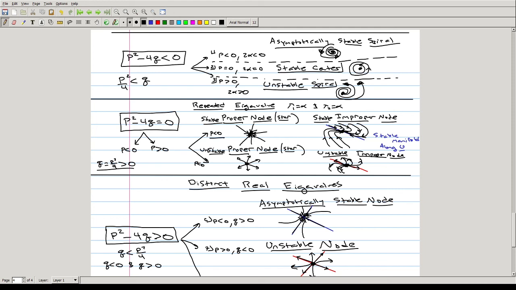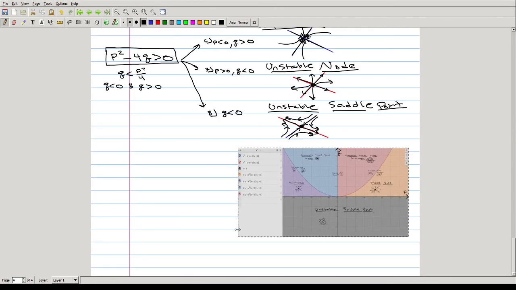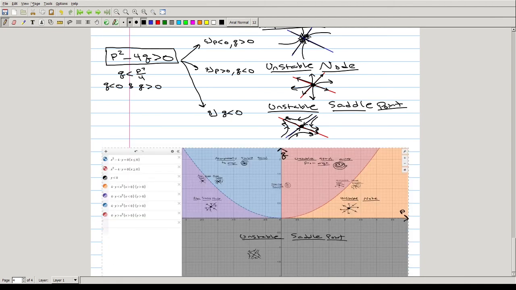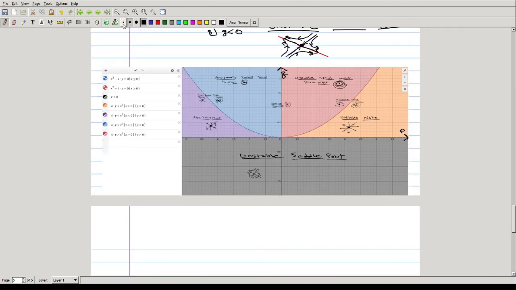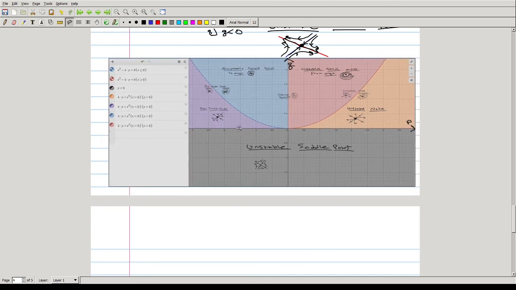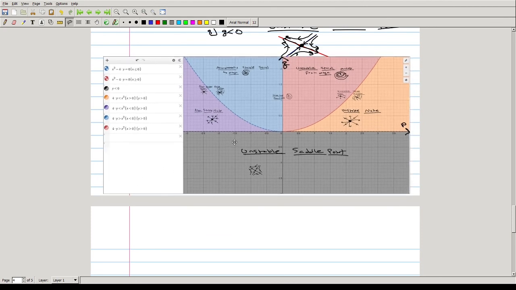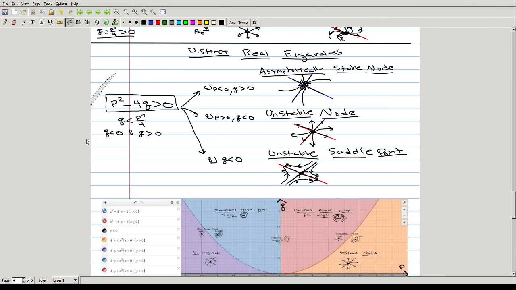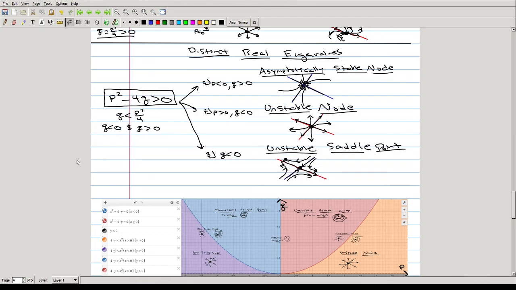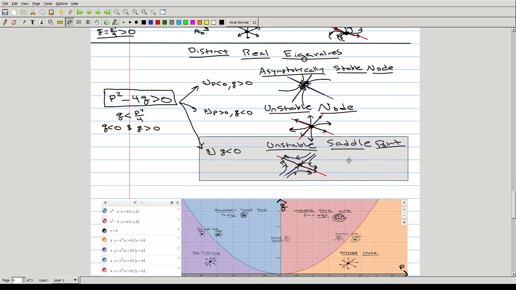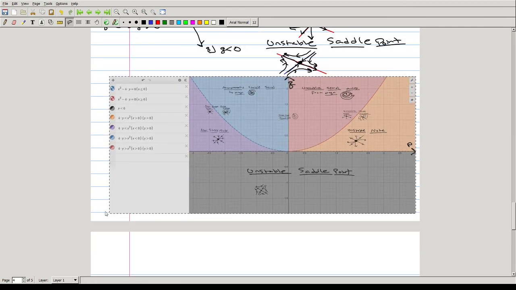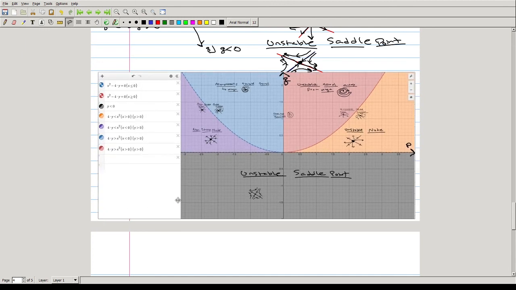I just plotted this out in Desmos so you can get an idea of what this looks like here. So this curve right here is the curve p squared minus 4q is equal to 0, where this is the p-axis and this is the q-axis.